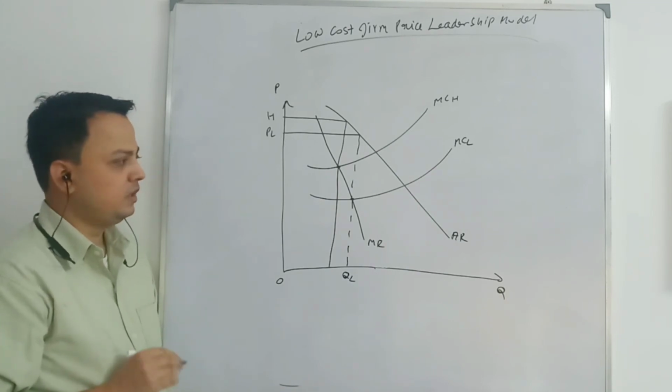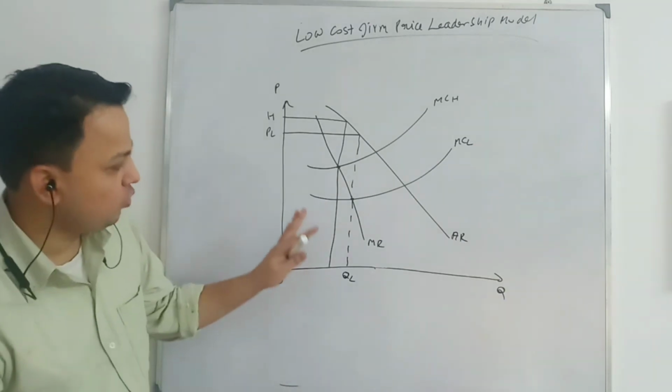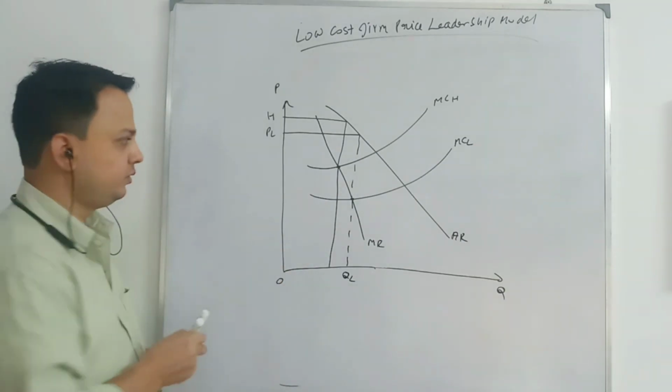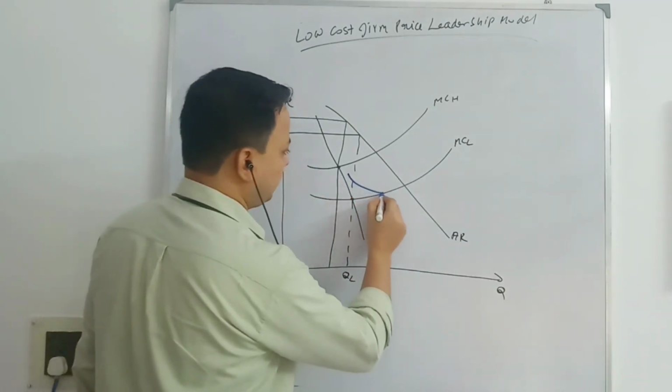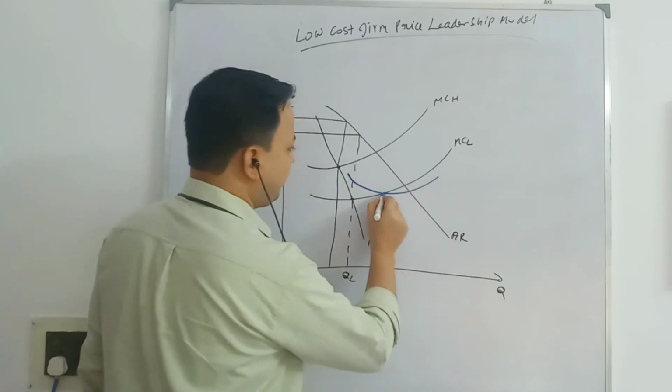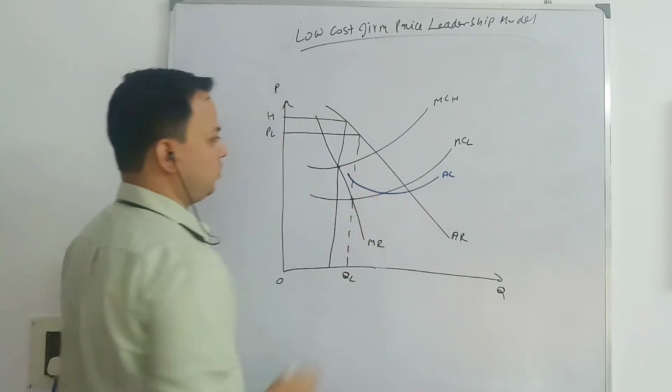I am introducing one more thing. If you want, you introduce it, otherwise no need. I am introducing the average cost of the no cost firm. If the minimum is here, then it is ideal. This is the average cost of the no cost firm.